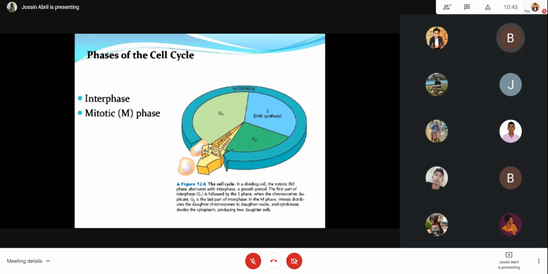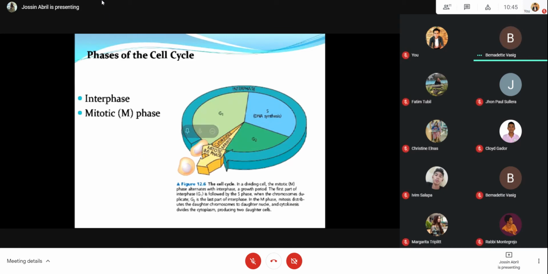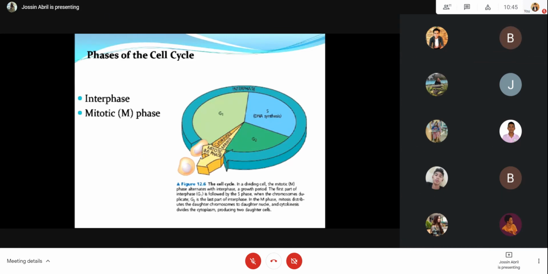Before you continue, can you differentiate chromosome, chromatin, and chromatid? Chromosome is a long DNA molecule with part or all of the genetic material of an organism, while chromatin is a complex of DNA and proteins that forms chromosomes within the nucleus of eukaryotic cells.